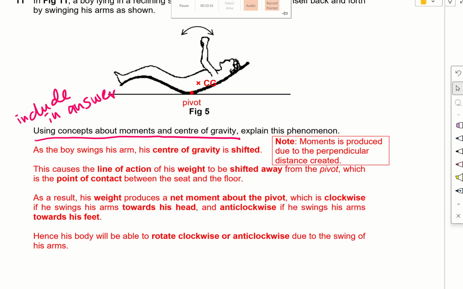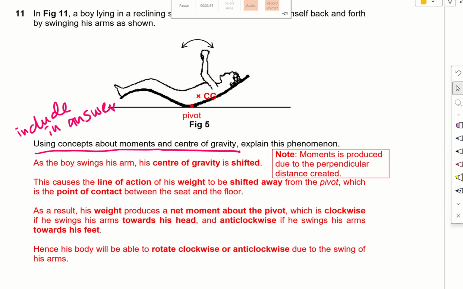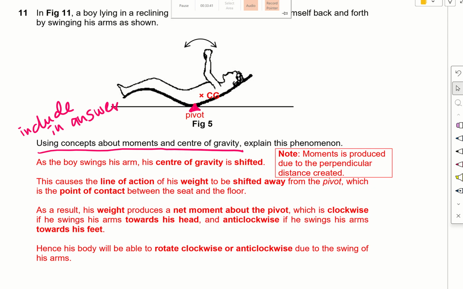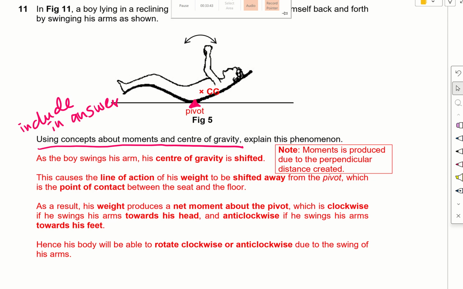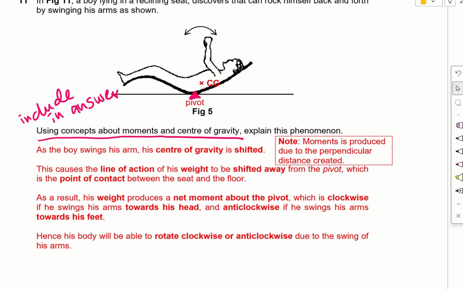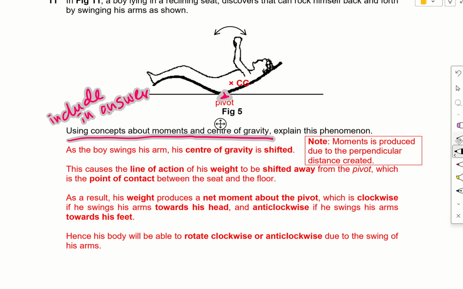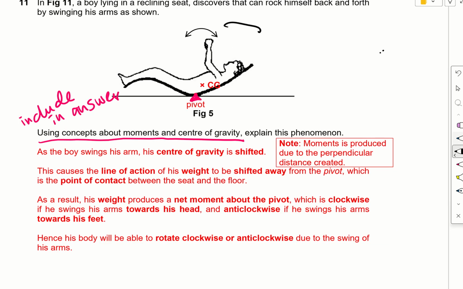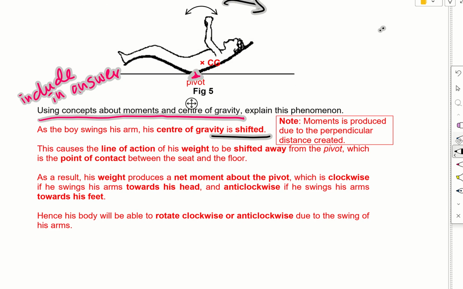So when he is in the equilibrium position, his pivot is here. This is the only supporting point. So the CG of the boy is actually much higher. So as he swings his arm backwards, the CG is shifted, so maybe to here.